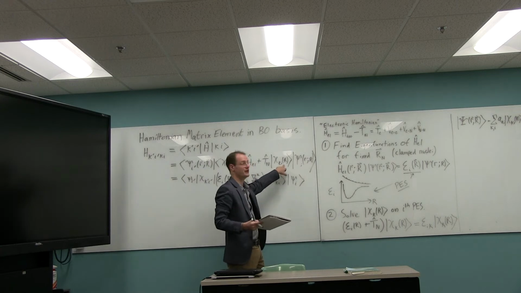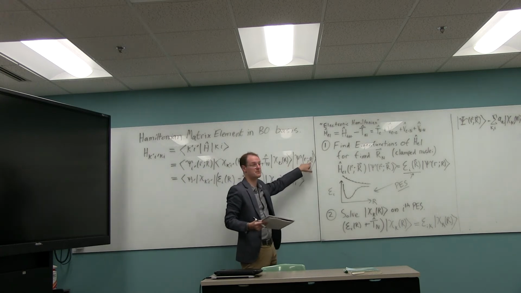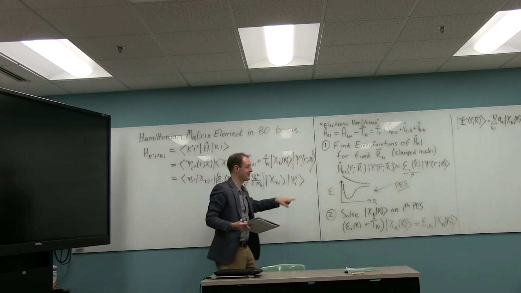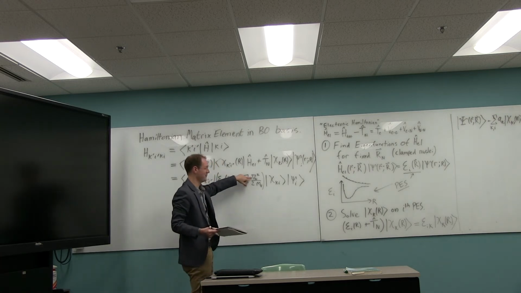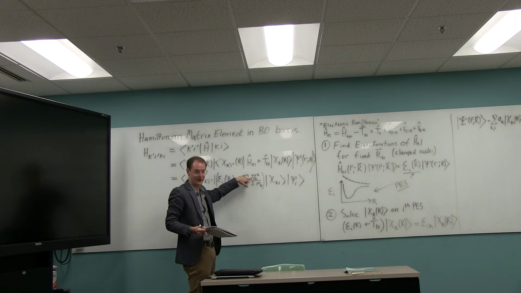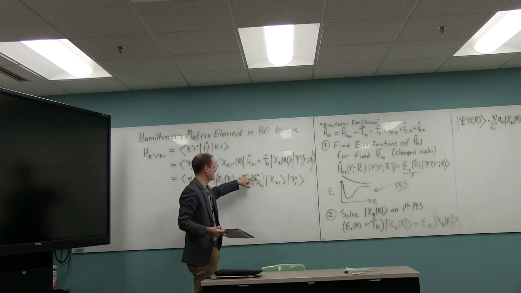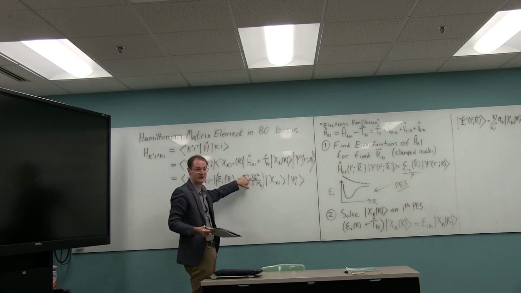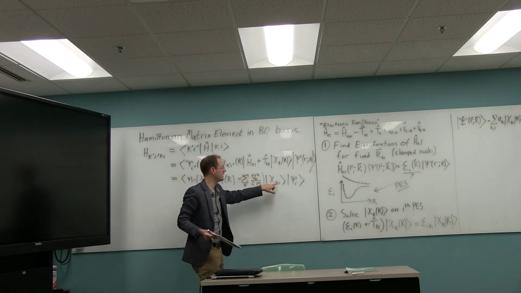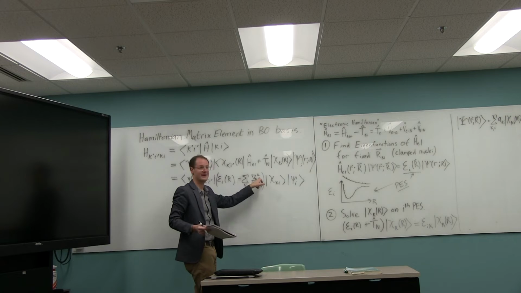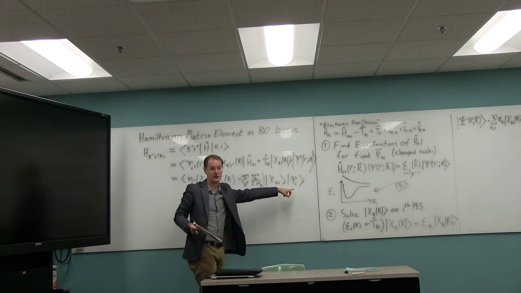Because this one is a function of big R, this one depends parametrically on big R. And so we have this del operator, which is a derivative operator with respect to big R. And so basically this is like a second derivative. When you apply a derivative operator to a product of two things that both depend on the coordinate with respect to which you're doing the derivative, you have to use the product rule.